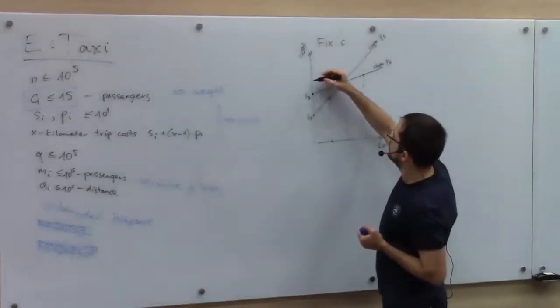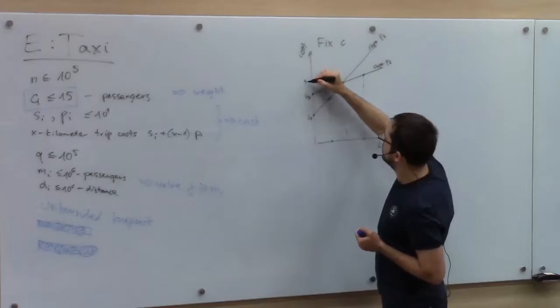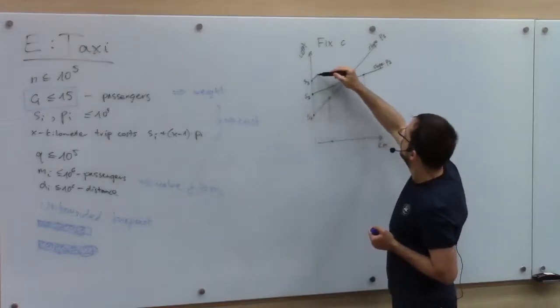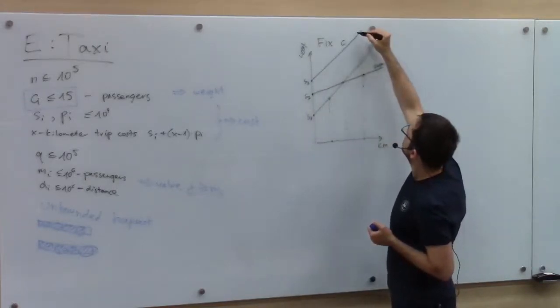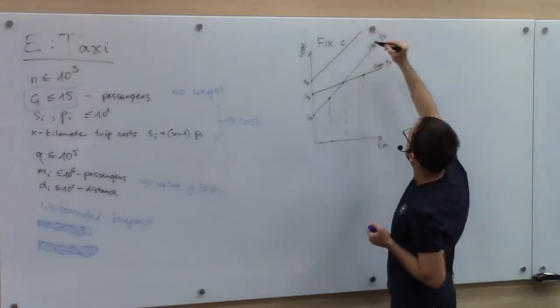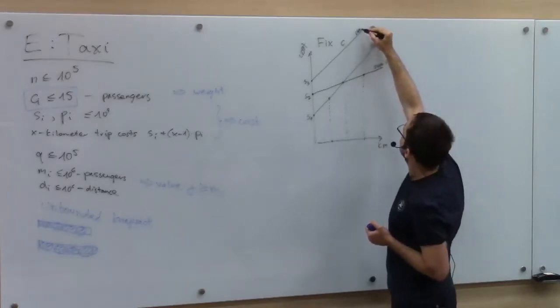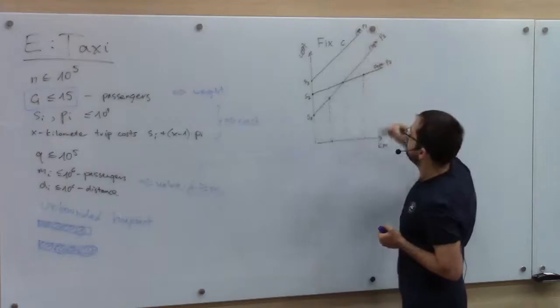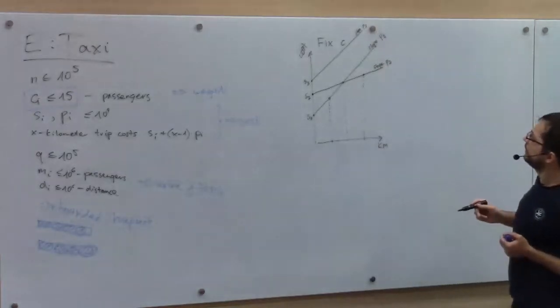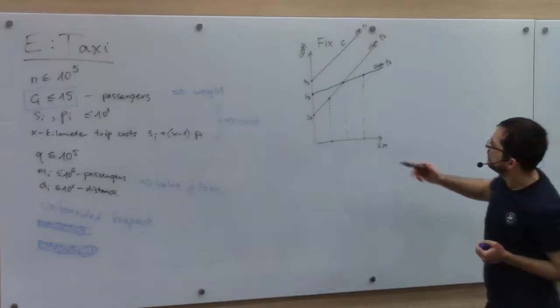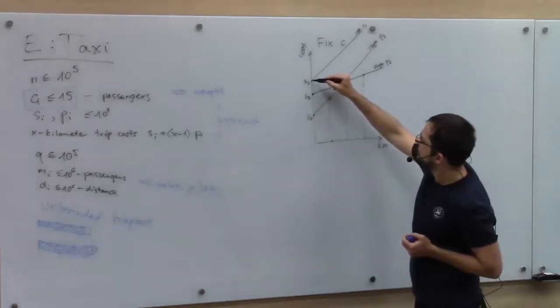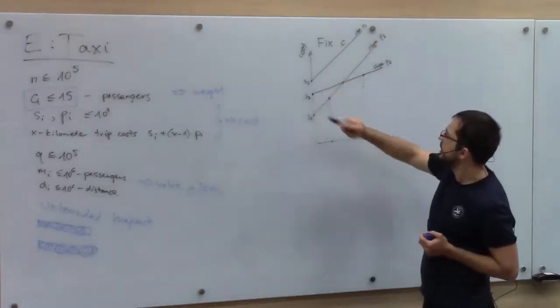So for instance, we can have a very expensive cab which has this kind of slope. So for instance, it's not very useful, this cab.